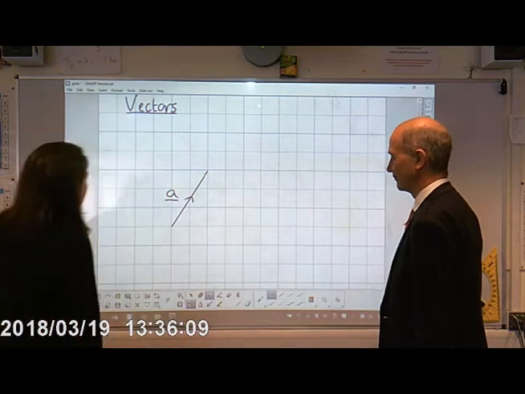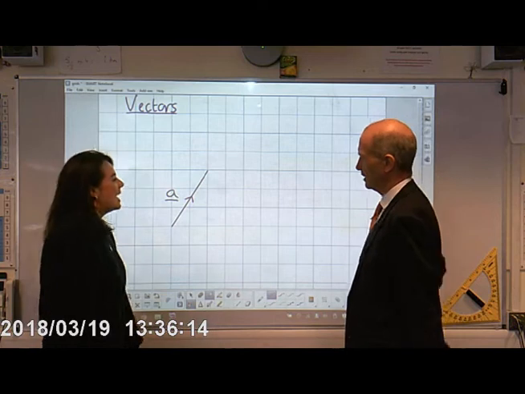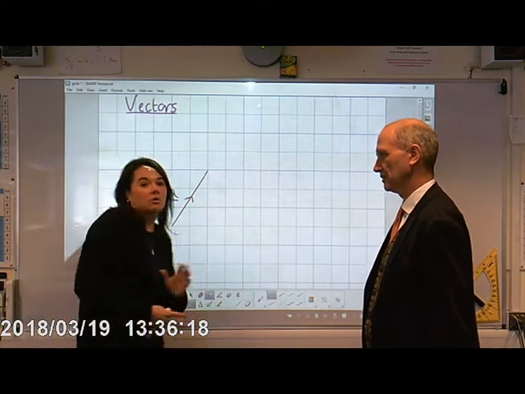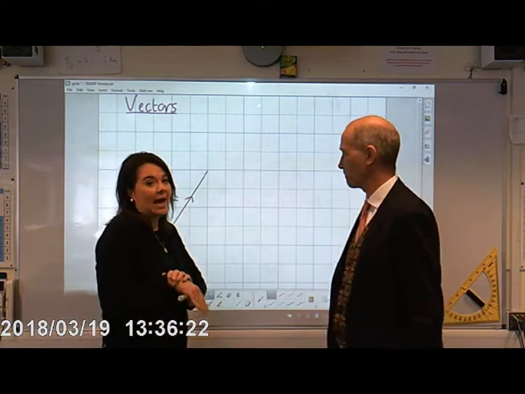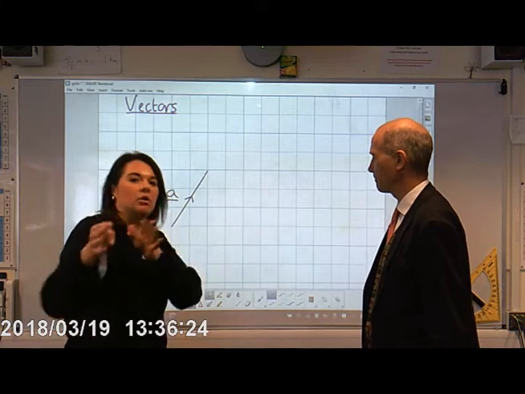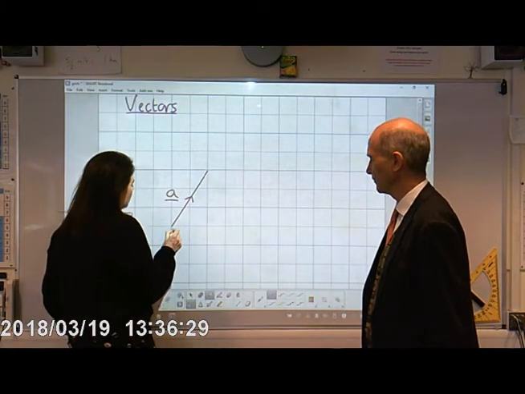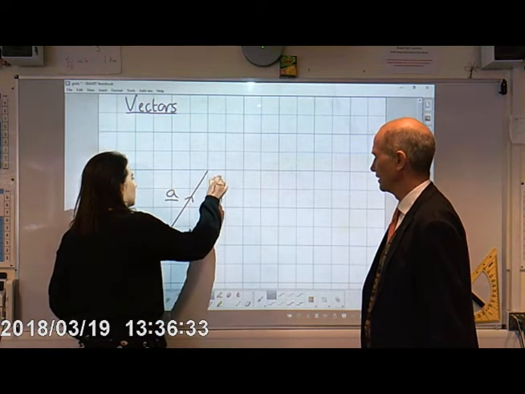Okay, so here we're starting nice and simple. We have the vector A, and we see vectors in different parts of maths. We see them in their own subject, but we also see them in translations. When we see them in translations, you are given a column vector and you are asked to move the shape in a certain direction. This vector goes along 2 and it goes up 3.